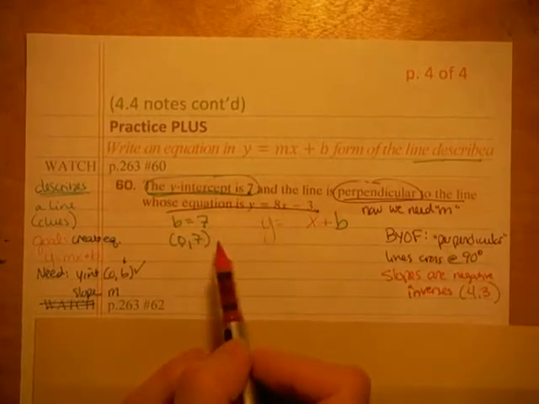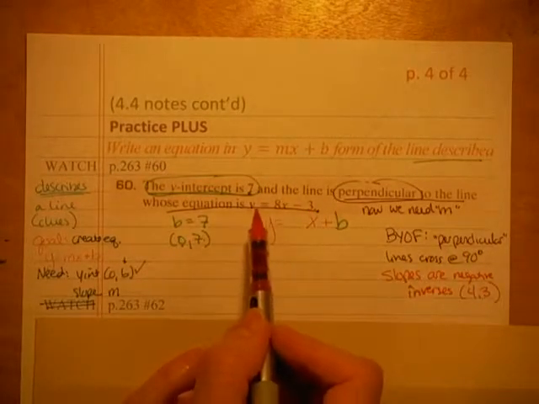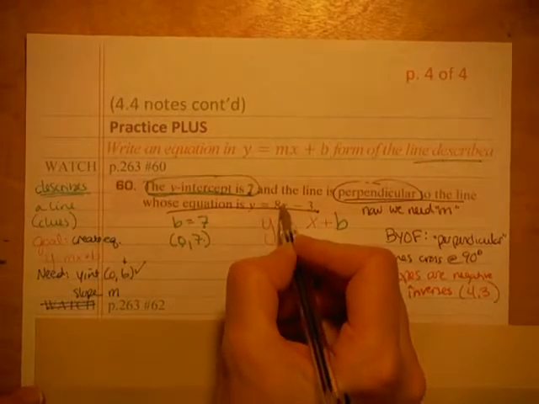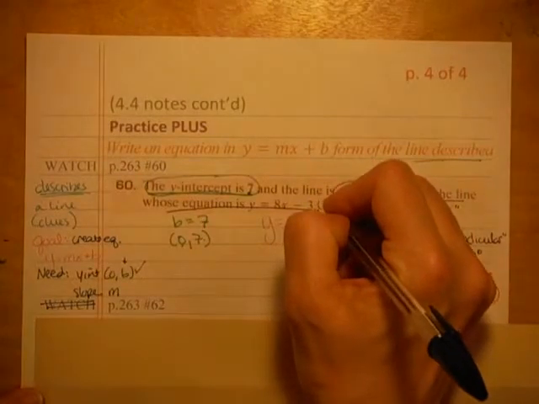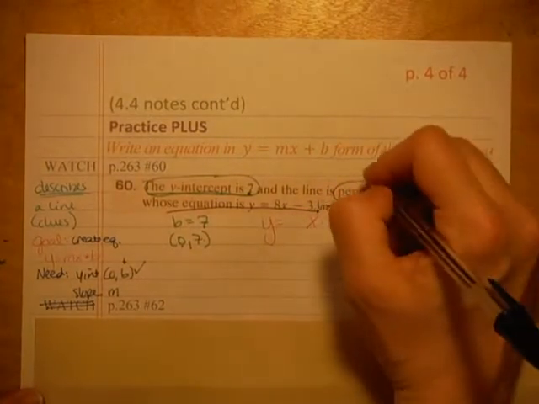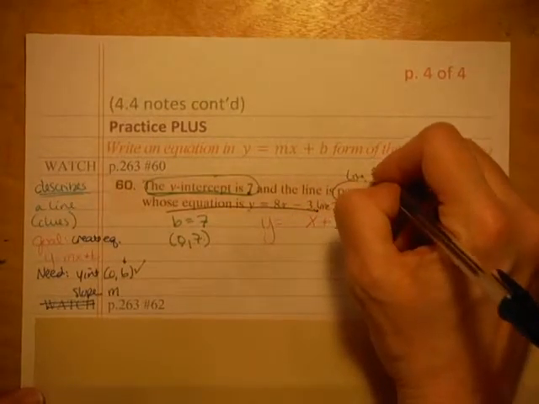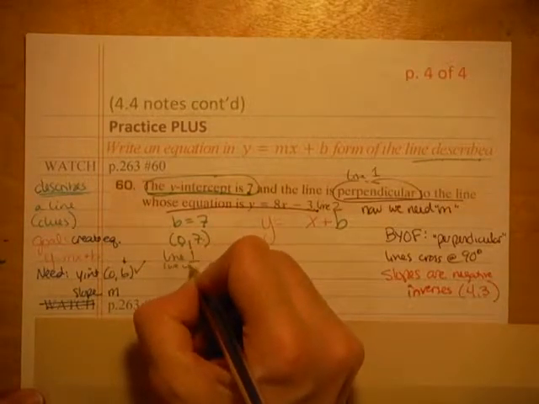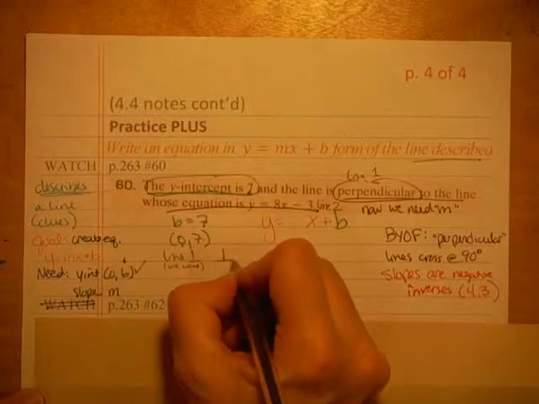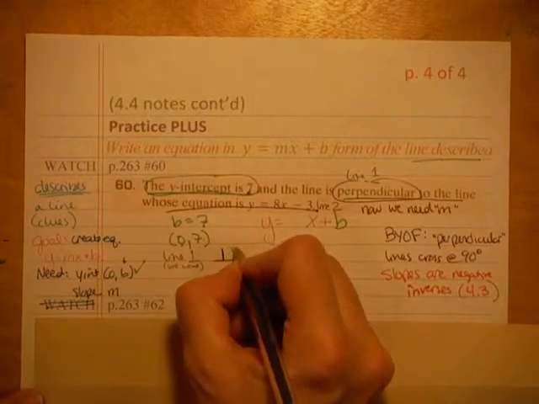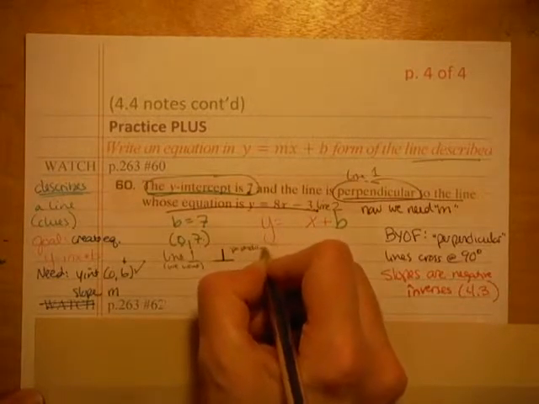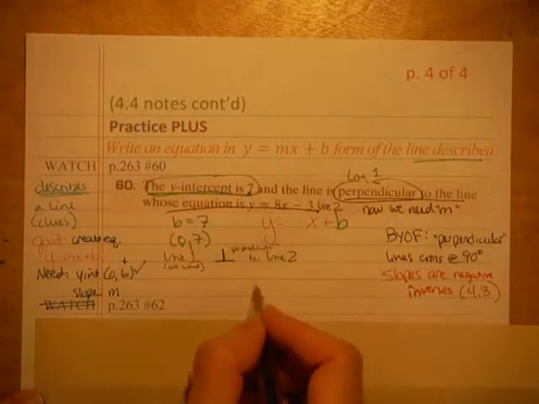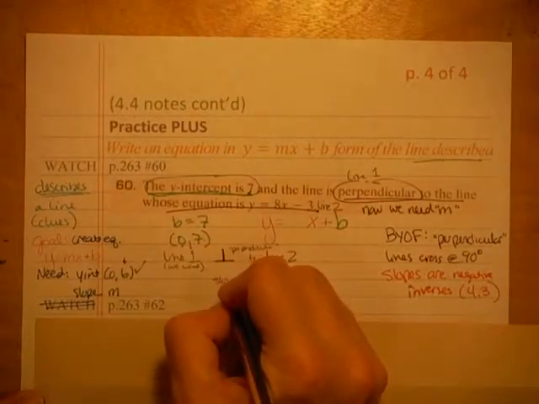So they're telling us that the line we're trying to write an equation for is perpendicular to this line. So if we knew the slope of this line, we'll call this line 2, and we're trying to come up with line 1. Line 1 that we want is perpendicular. That's that upside down T. It's perpendicular to line 2, which means that their slopes are negative inverses.